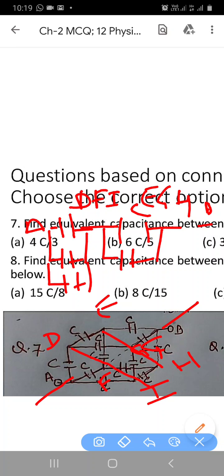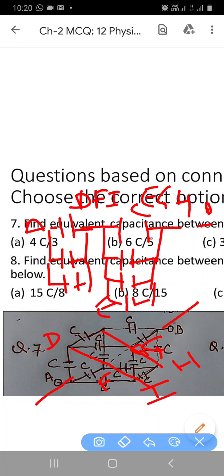Now F and E 1C, F and G no capacitor, F and H 1C.